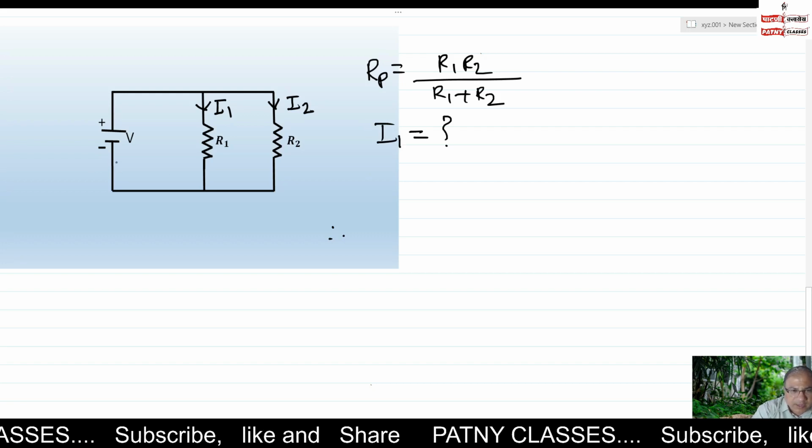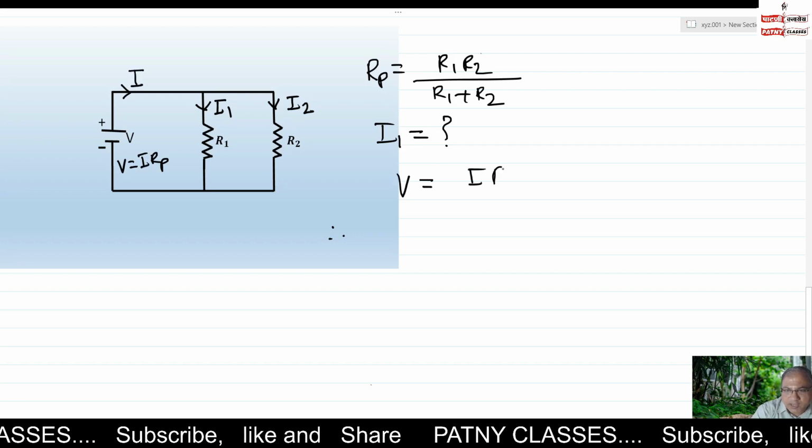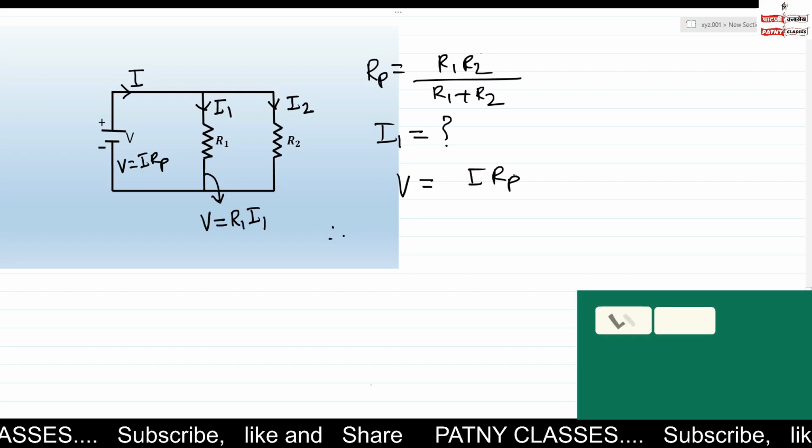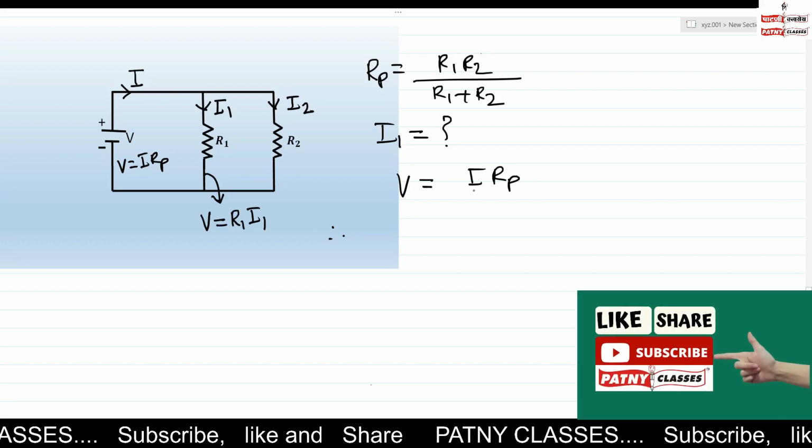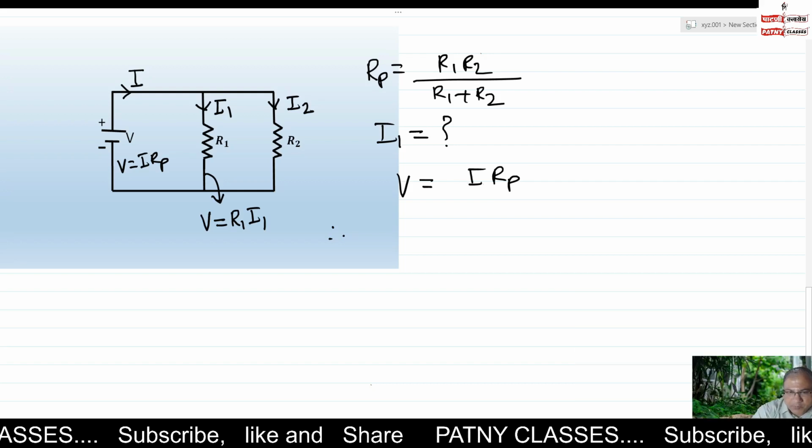We already have V equals I into Rp, where I is the current of the source, and the voltage across R1 is V equals R1 into I1. Now using this expression here, V equals I into Rp, V equals I1 R1, implies I1 R1 equals I into Rp.